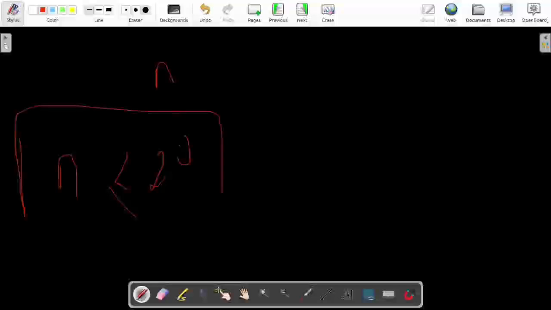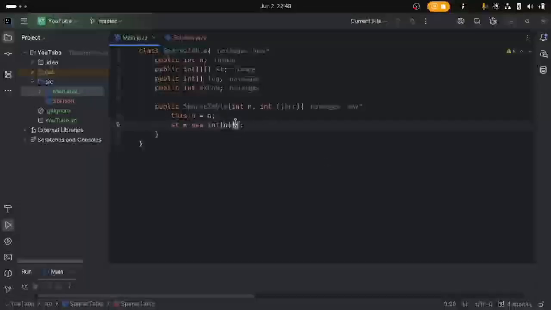Yeah, we have to determine this j such that 2 to the power j must be greater than or equal to n, because on that basis we will declare the size of our sparse table.